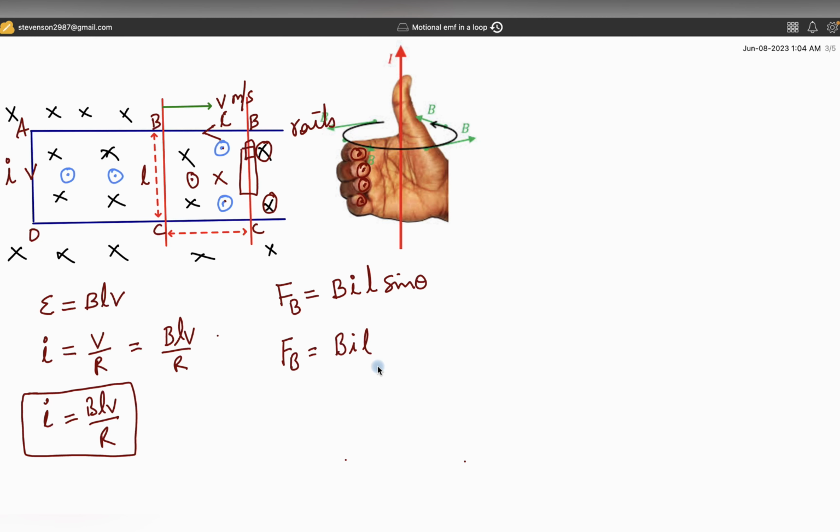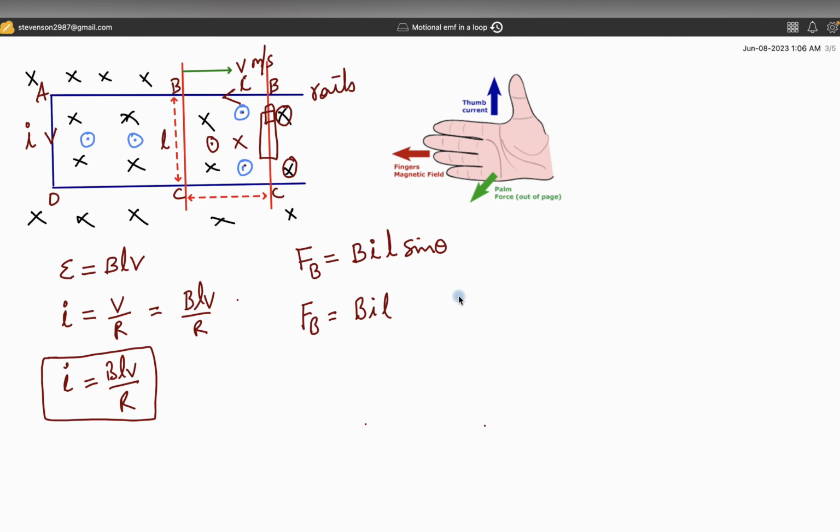But what is the direction of this magnetic force? In order to know the direction of the magnetic force, again we need to use that right hand rule. I want you to use the picture shown here in order to find the direction of the magnetic force on that wire BC. Let us say the right hand directions are shown here.